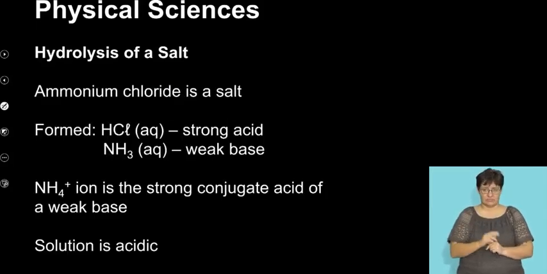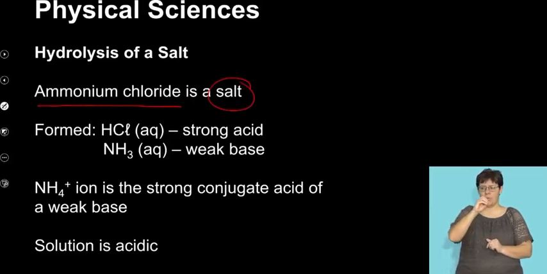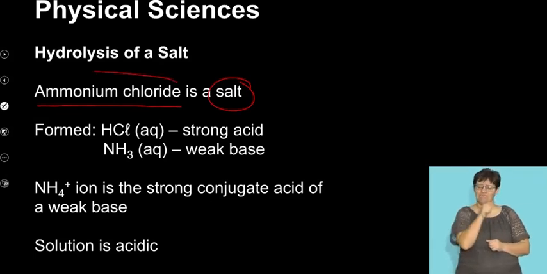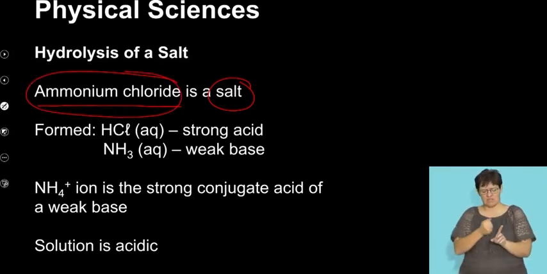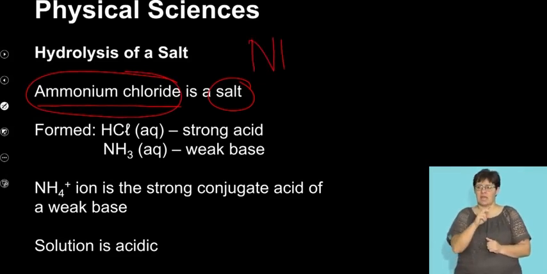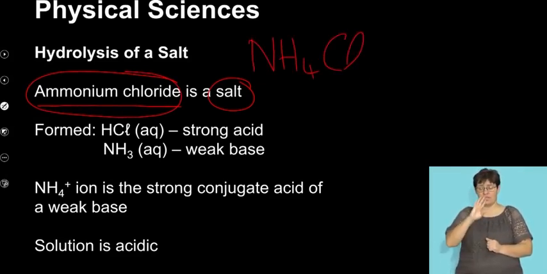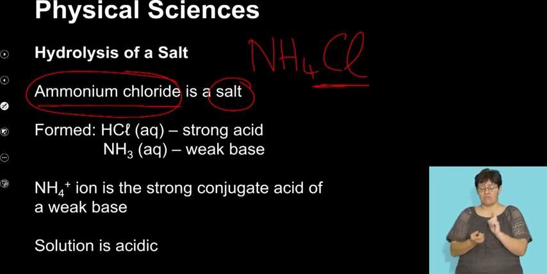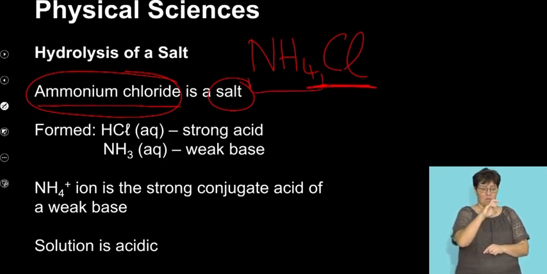When we look at ammonium chloride, now ammonium chloride is a salt, and firstly you must be able to tell us from which acid and which base ammonium chloride comes. Now if I write ammonium chloride, you can see clearly that the anion part of it comes from the acid, and the cation part of my salt comes from the base.